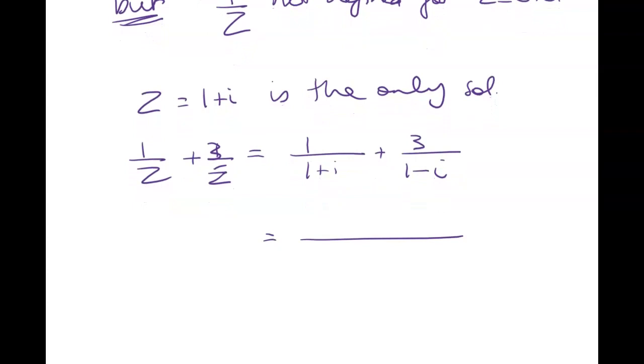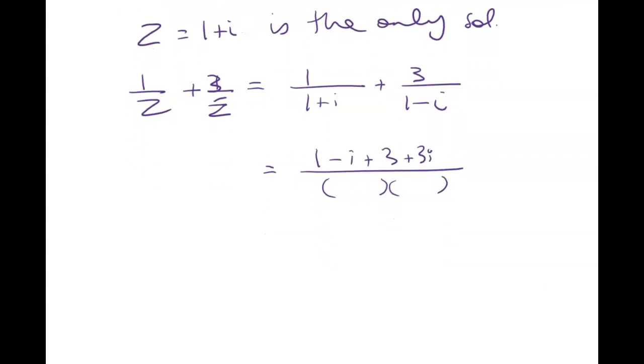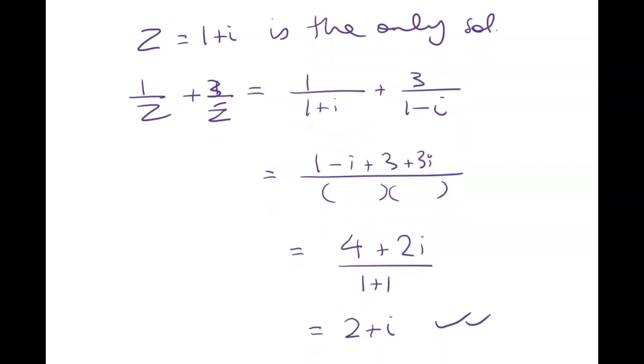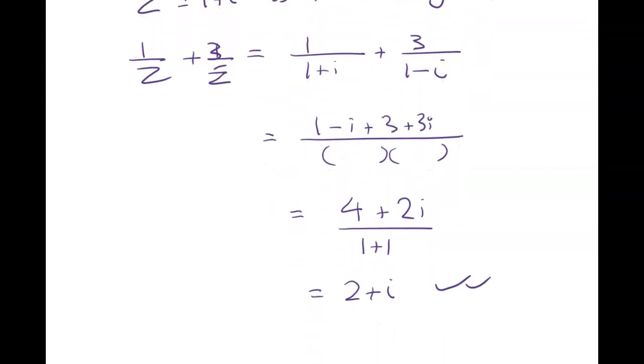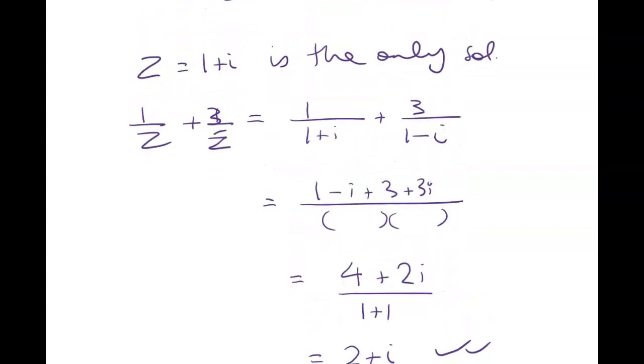Well, we'd get 1 minus i plus 3i, and that would give me 4 plus 2i divided by 1 plus 1, which gives me 2 plus i. So you don't have to do that. If you had time, that might be a good thing to do. So we've checked that that solution works. Right, so there's only one solution for that.